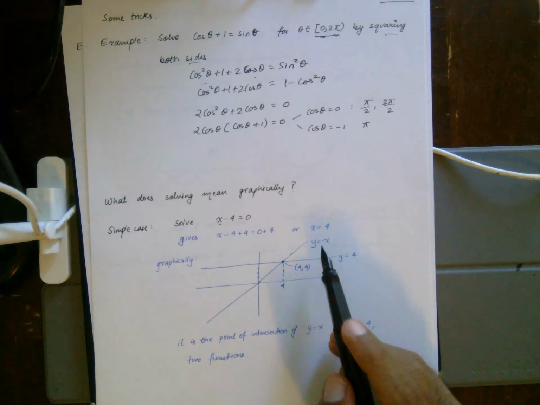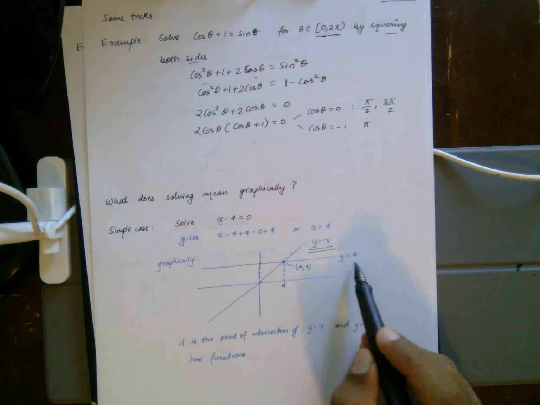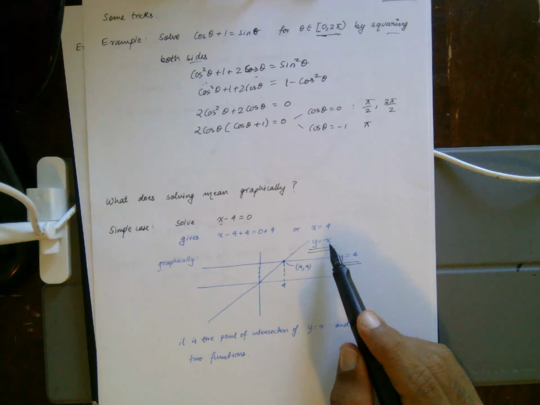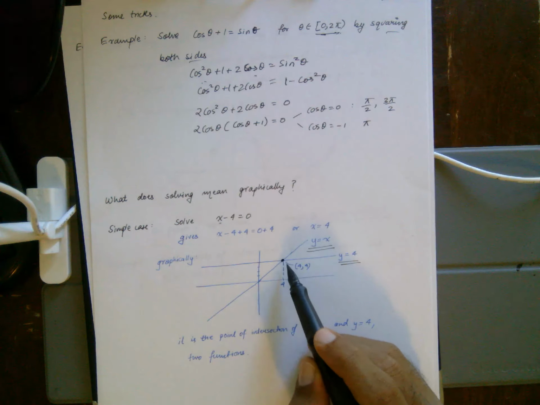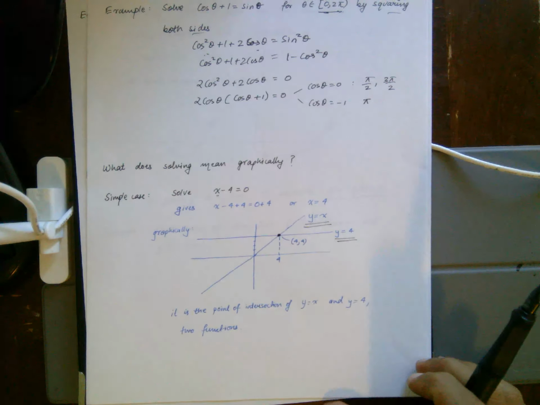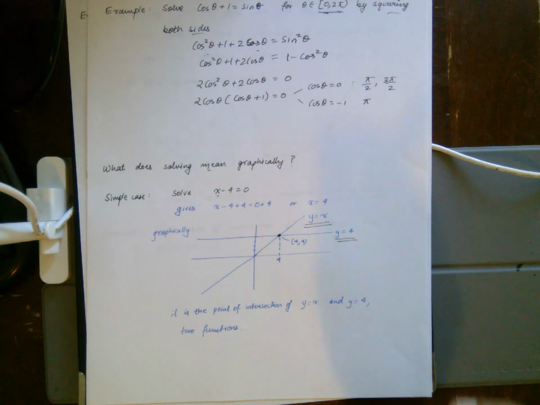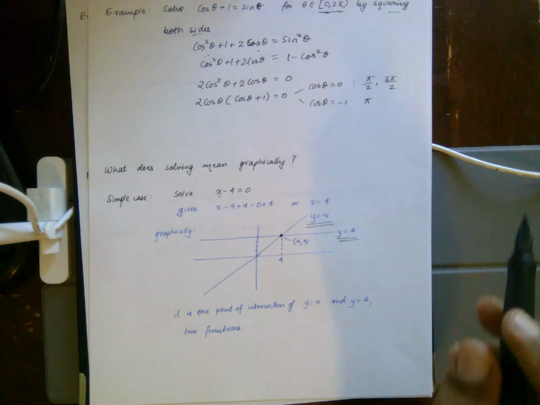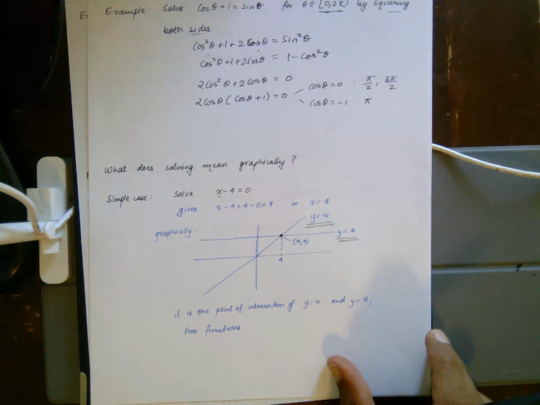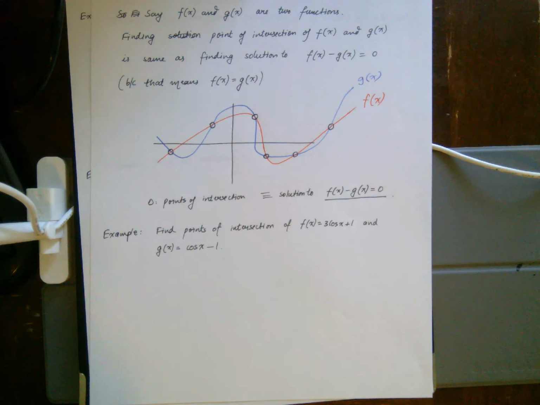Graphically, I can plot these two functions, y equals x and y equals 4, and ask, when is this true? And this is true exactly at the point of intersection of these two functions. Because solving this is basically solving when is x equal to 4. So that's a general way of thinking about solving.